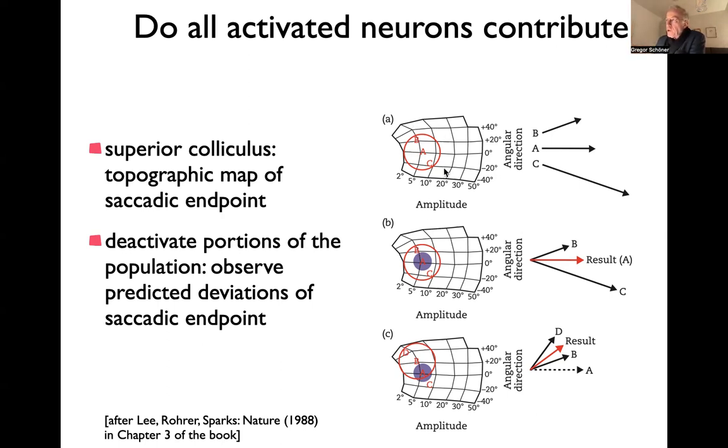So, for instance, if you've measured that around here, neurons encode or generate saccades in this direction, around here in that direction, and around here in this direction, then you can do things like prevent these neurons from firing. There's a way of doing that by, for instance, cooling these neurons through an electrode.